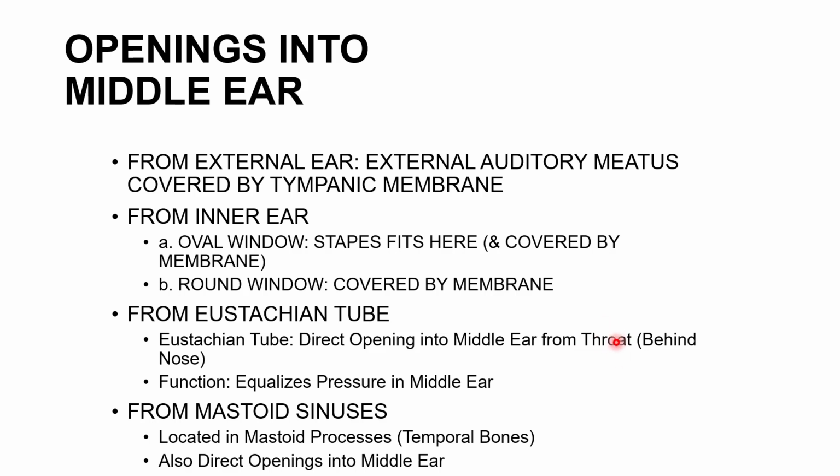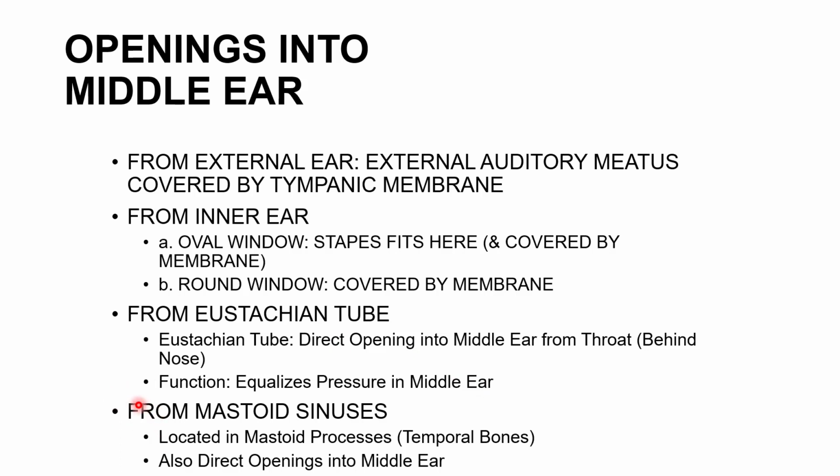Just go through your books, or if I have taken a lecture over it, you can go through that lecture and have a look at the situation of the eustachian tube in the pharynx. And its function is to equalize pressure in the middle ear with the environment.